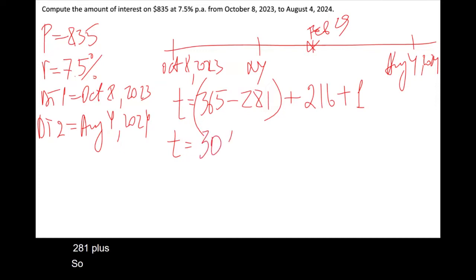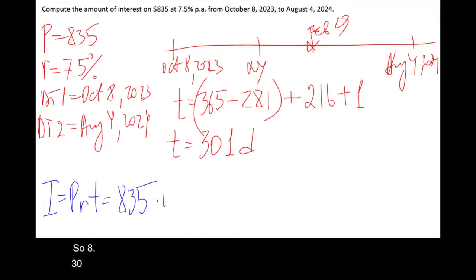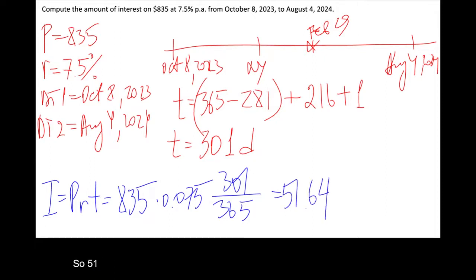So 301 days. And amount of interest, that is PRT. So 835 times 0.075 times 301 over 365. So $51.64. Please confirm that answer.